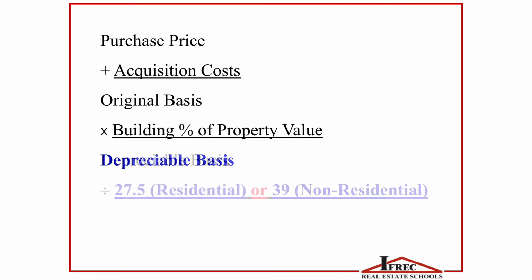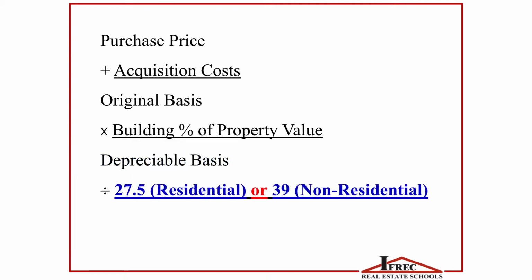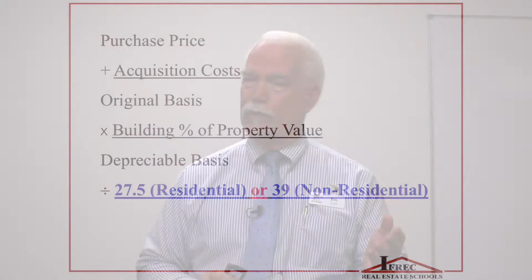That number is then divided by either 27.5 years or 39 years, depending upon the use of the structure. This goes into determining whether the property is a residential investment property or non-residential. In its simplest form, if people are living there, you get the 27.5: an apartment complex, or even a single-family home used for rental.